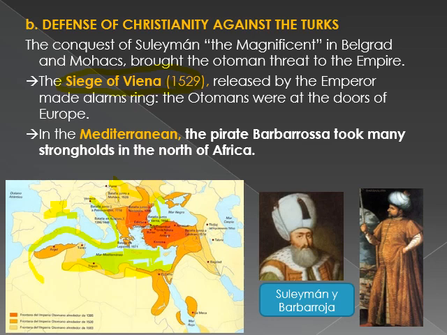The most famous pirate is Barbarossa, who took a lot of strongholds in the north of Africa, putting in danger the trade carried out by the Christian ships that were navigating all over the Mediterranean Sea. Actually, the emperor never managed to make the Mediterranean a safe sea for the Christian ships.